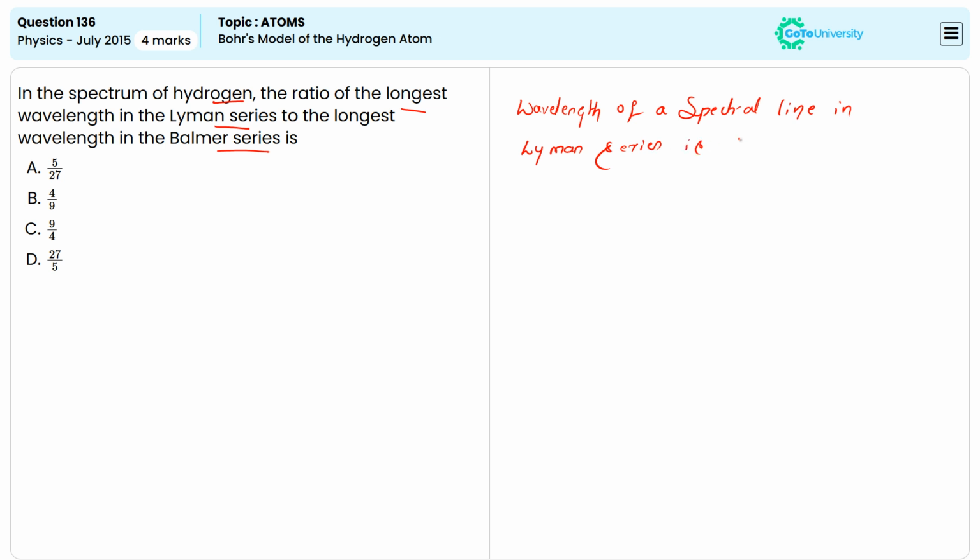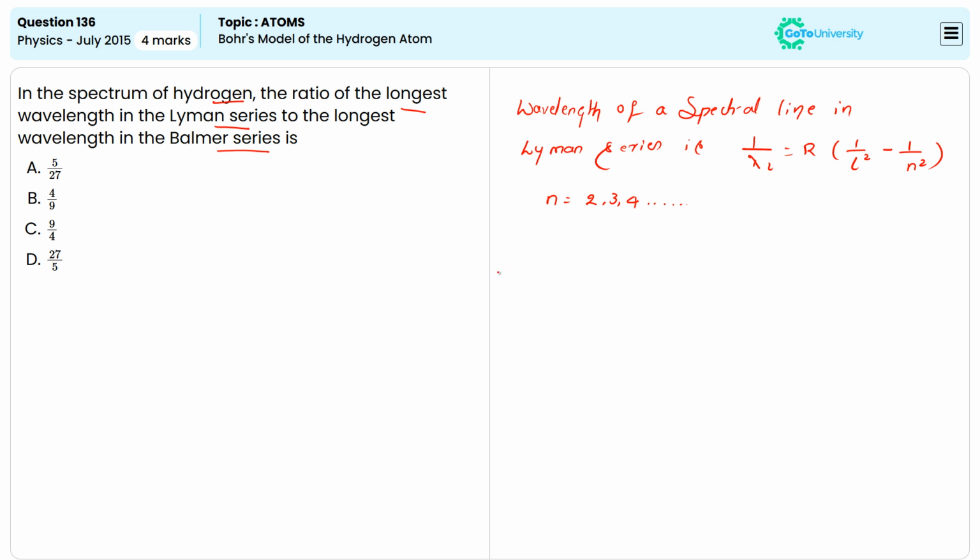is given by 1 by lambda L equal to R into 1 by 1 square minus 1 by N square, where N is 2, 3, 4 and so on.